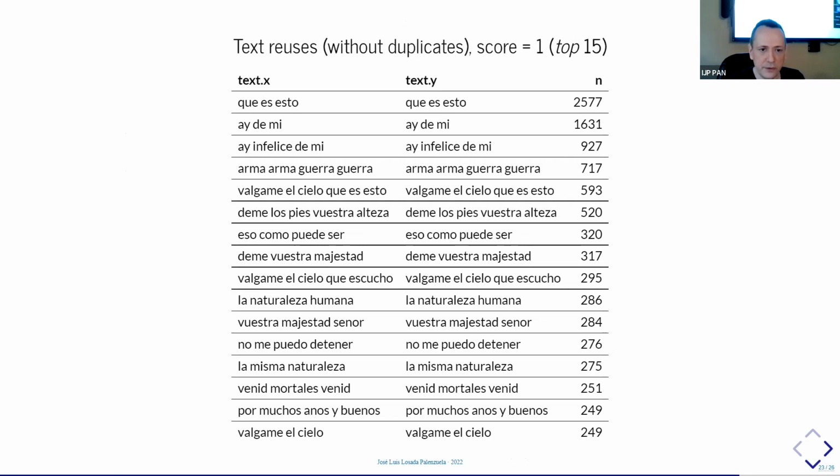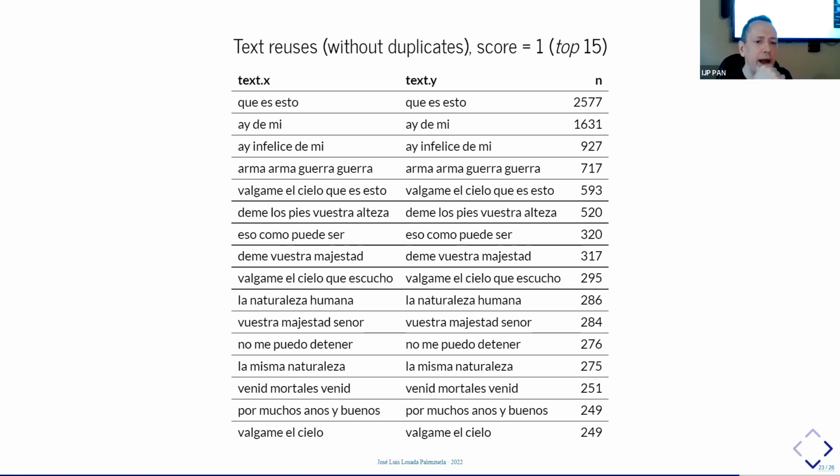Maybe, for example, one of those, "válgame el cielo, que es esto", you can think this could be a collocation or a concurrence, and if it's a collocation, maybe you can extract them before you apply algorithms for text reuse and improve the results.